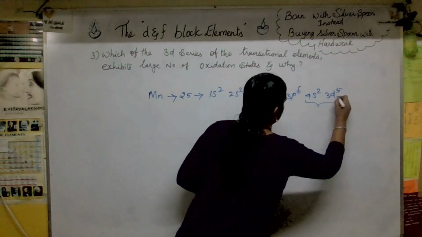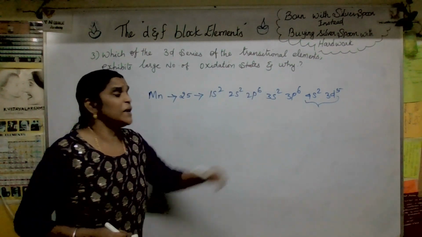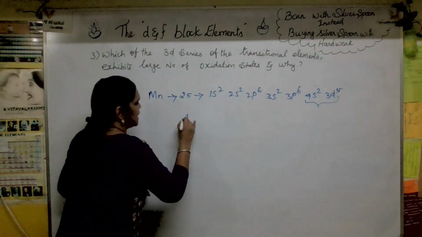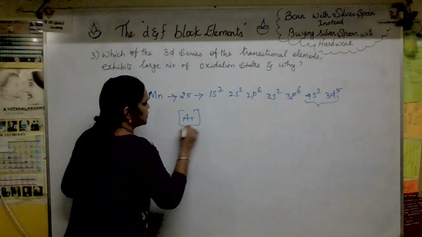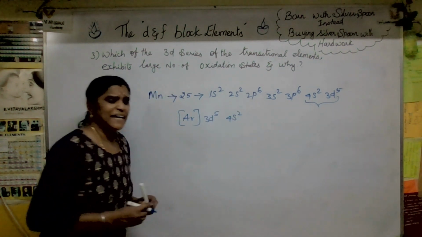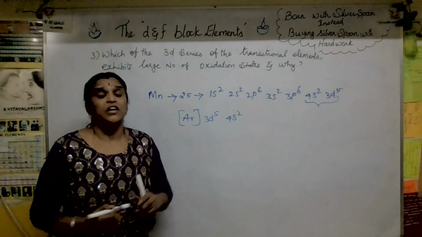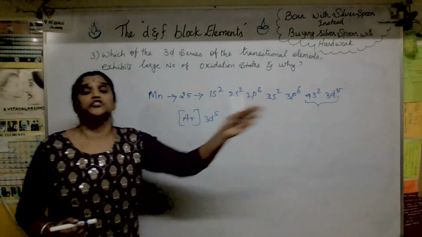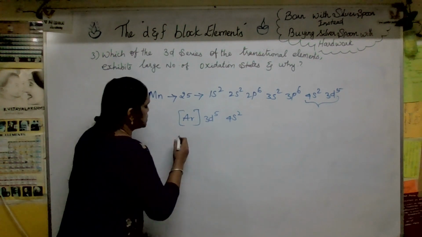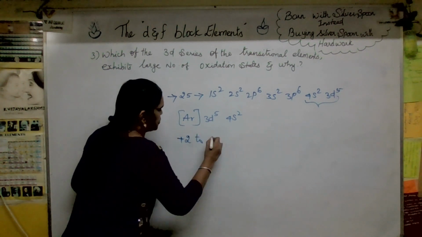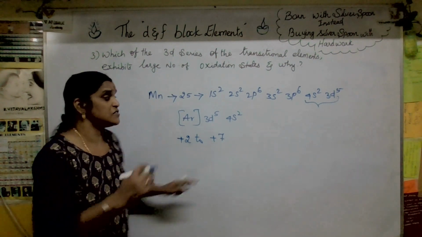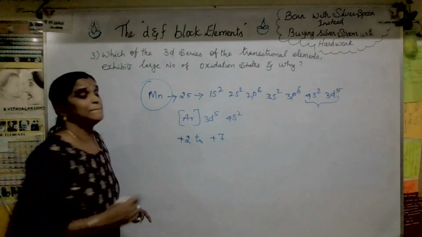How many electrons are there in the outermost orbitals? 7. So that means Ar 3d5, 4s2. So the maximum number of electrons are ready to lose or ready to share. So it starts from plus 2 oxidation state to plus 7 oxidation state. So the maximum number of oxidation states is available in manganese.